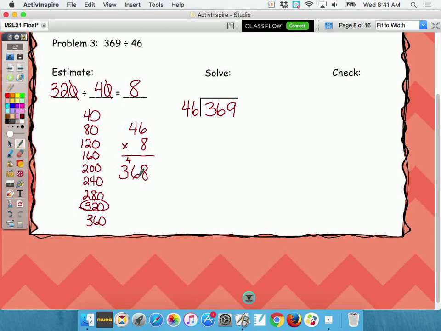Oh, lo and behold, we kind of guessed right, didn't we? We did. So will an 8 work? Yes, it will. 8 times 46 is what? What'd you get when you multiplied? 368. So what's the remainder? 1.